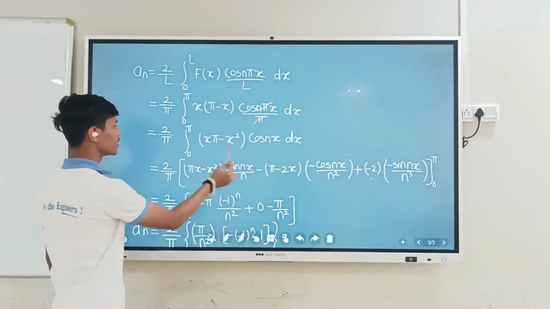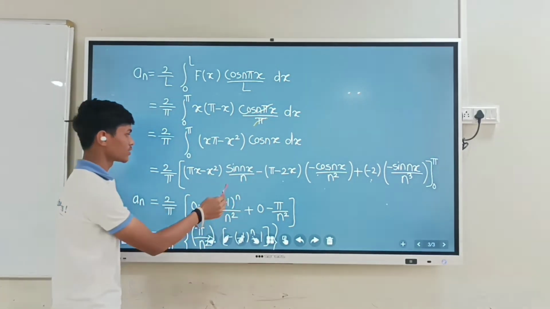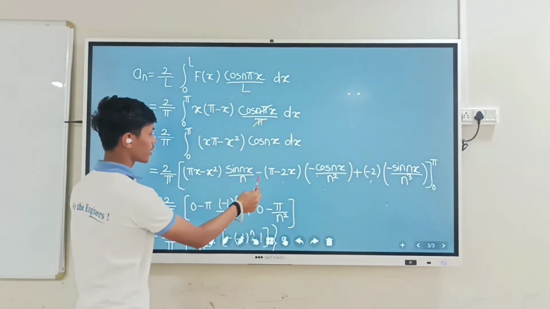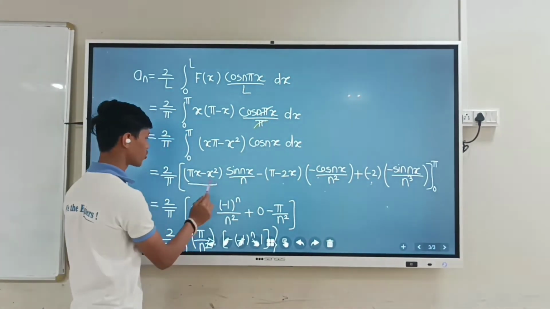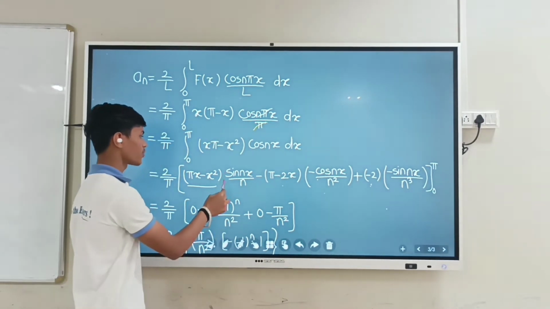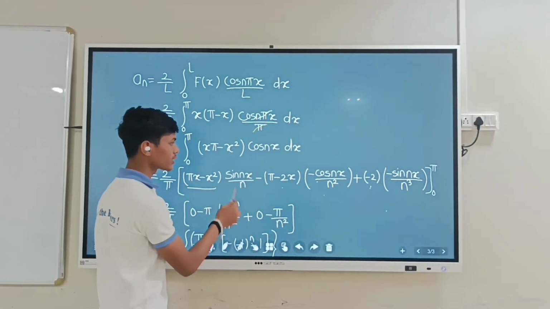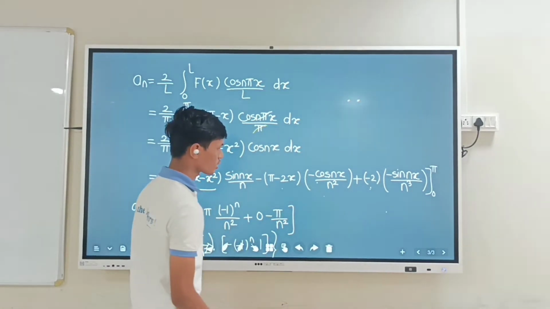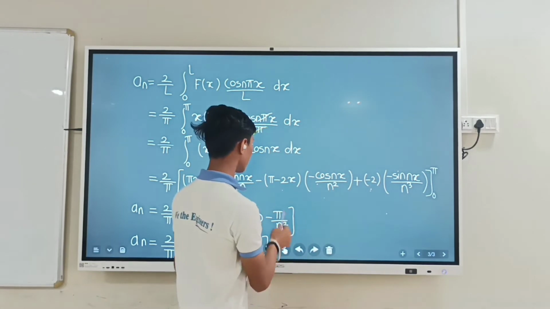First we keep this term as it is, and the integration of this term becomes sin nx upon n. Now we again integrate this part: the derivative of this part becomes pi minus 2x, and again the integration of sin nx upon n becomes minus cos nx upon n squared. Now we again differentiate this part.